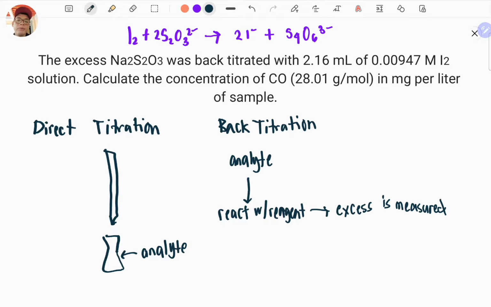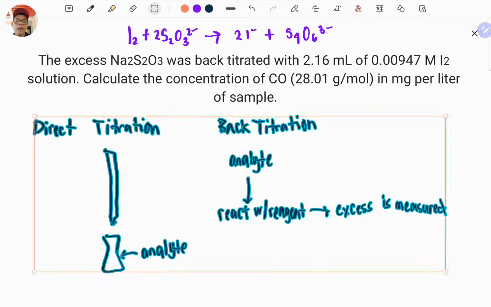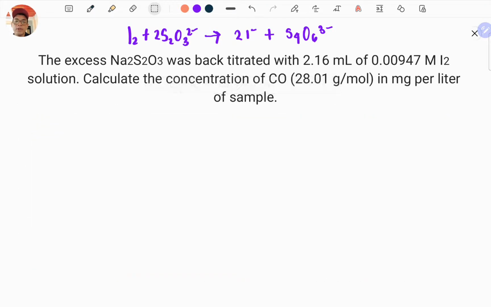But because we know some information about that reagent, we can use some clever manipulations to relate the values of that reagent back into a form that is useful in describing the analyte. I don't think it's very clear for you right now, so the best way to proceed is to try solving the question.